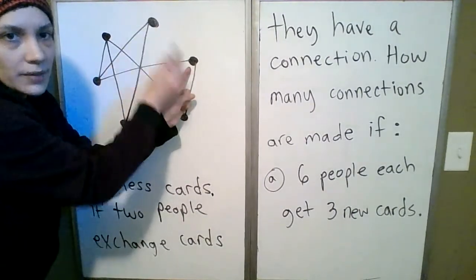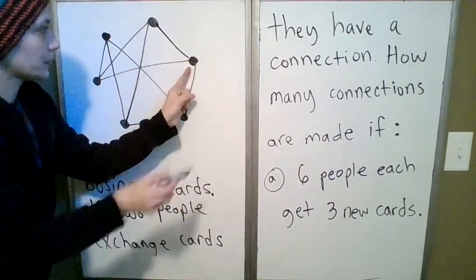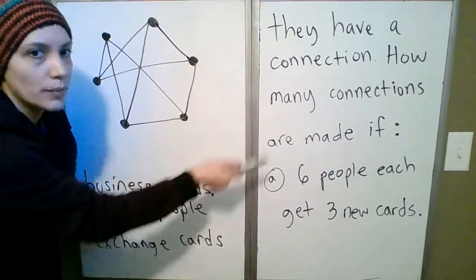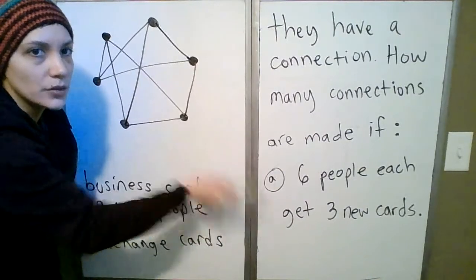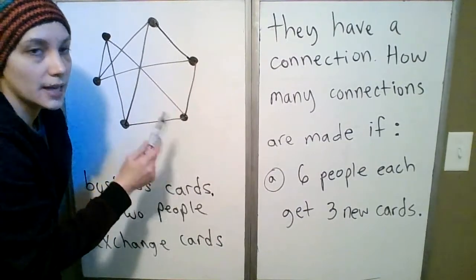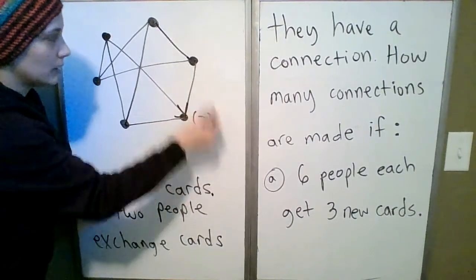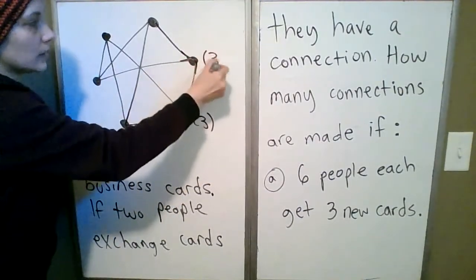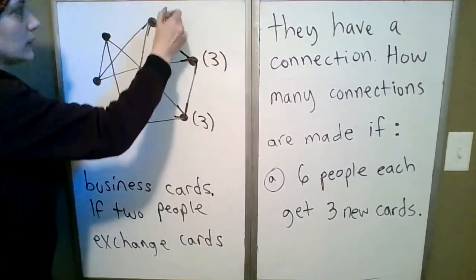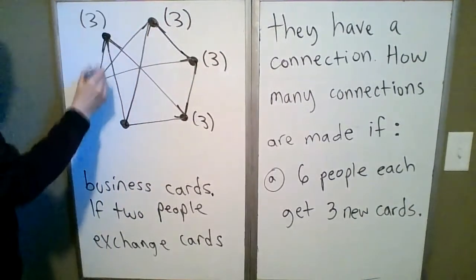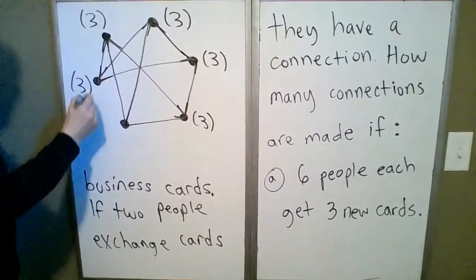They need 3, so we'll have them meet each other. This is one way to draw the graph that matches this problem. So all 6 vertices have degree 3.